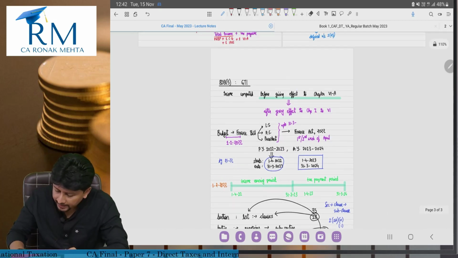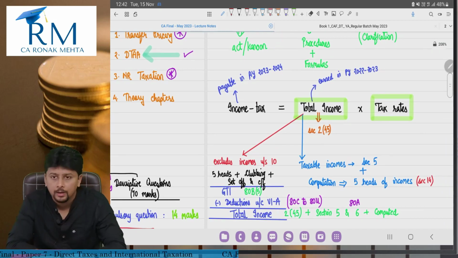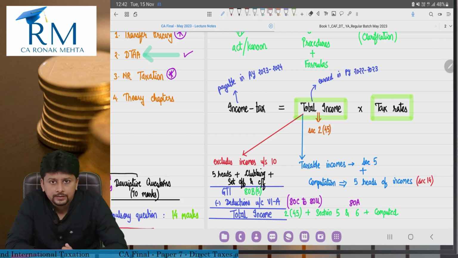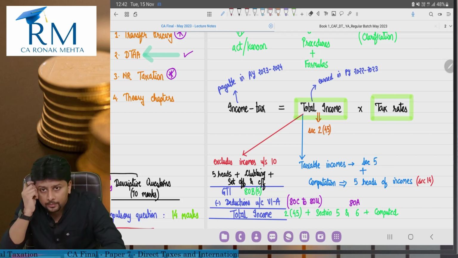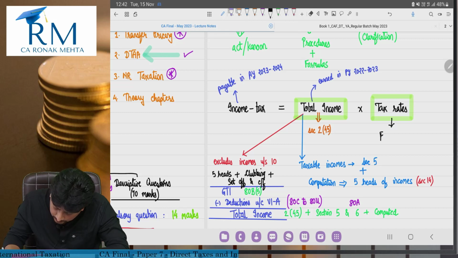So coming back to the starting point, income tax is total income into tax rates. Now, how do I get my tax rates? I come to know what my rates of tax are as per Finance Act.